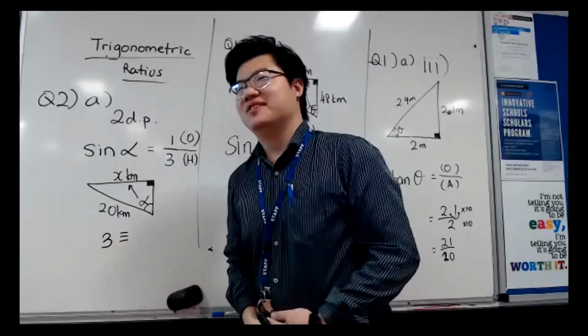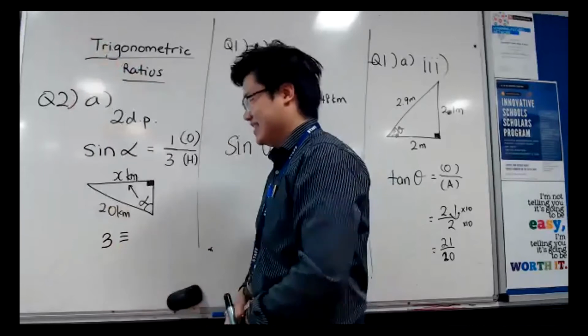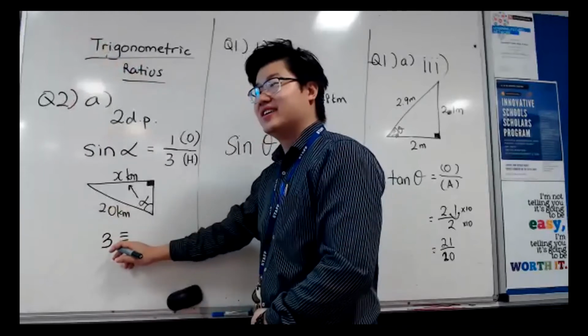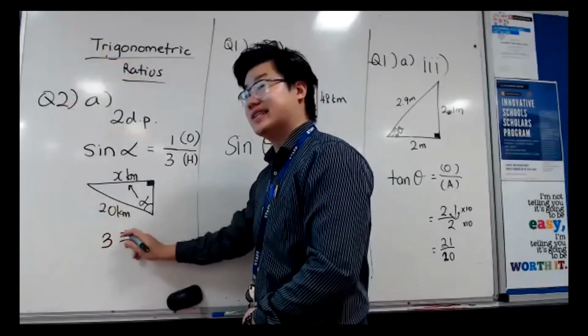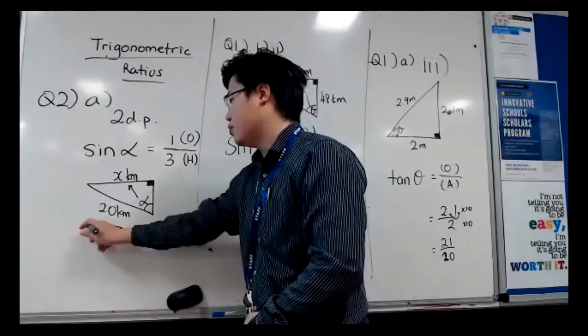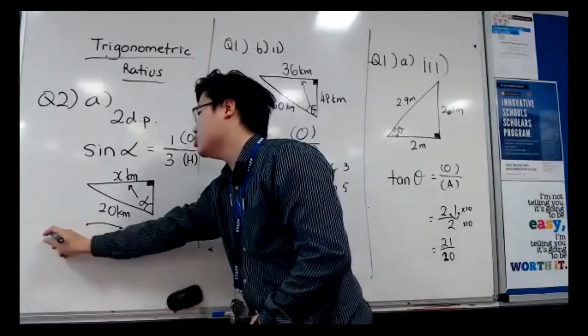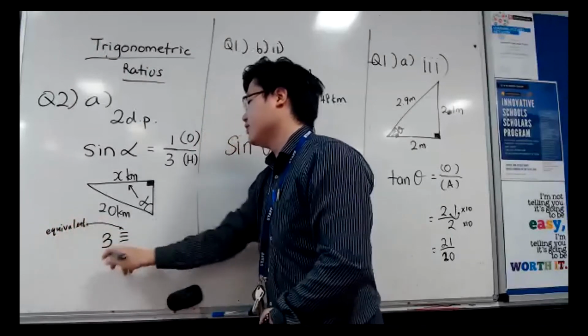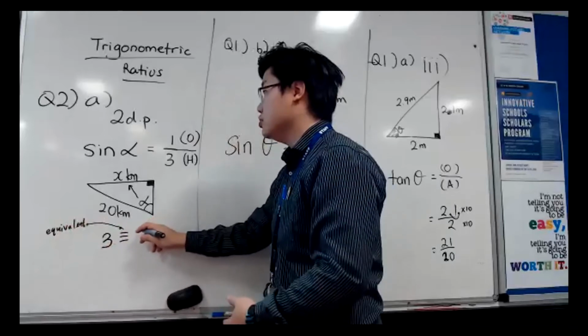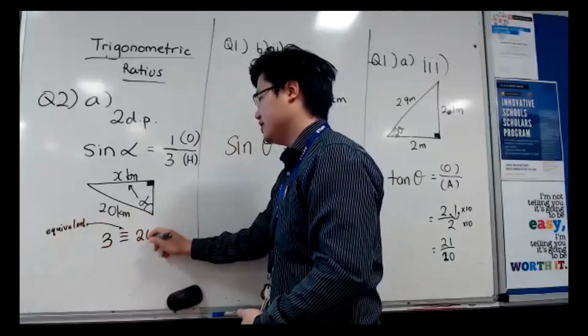It's a symbol, and it means equivalent. So 3 is equivalent to 20 kilometers, isn't it?